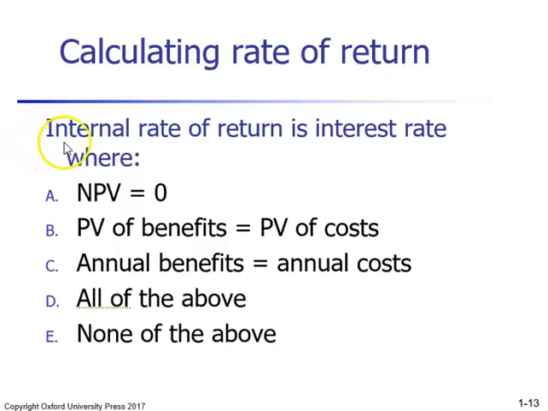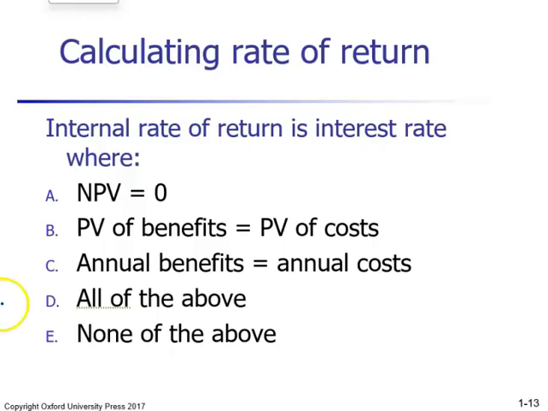Internal rate of return is the interest rate where NPV equals 0, present value of benefits equals present value of costs, annual benefits, annual costs, all of the above, or none of the above. Stop the video and see which one is the correct answer.